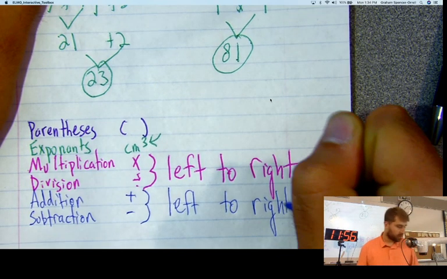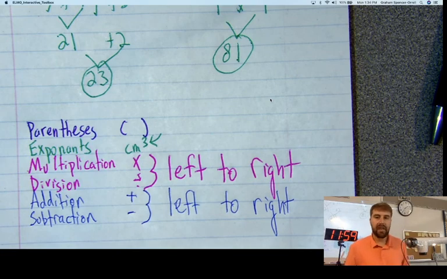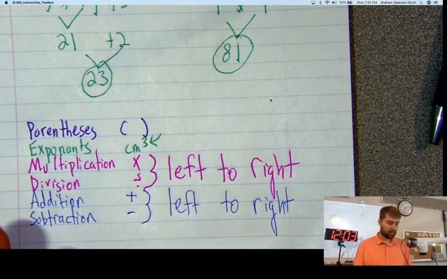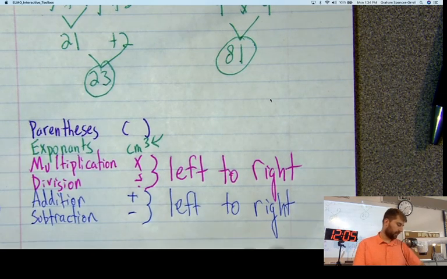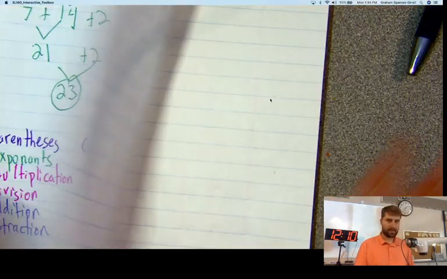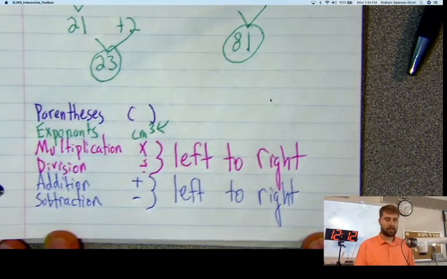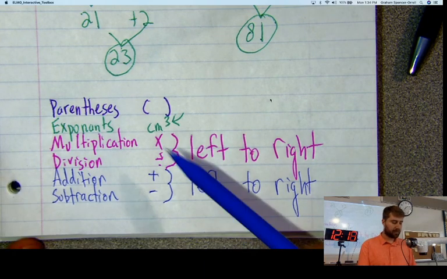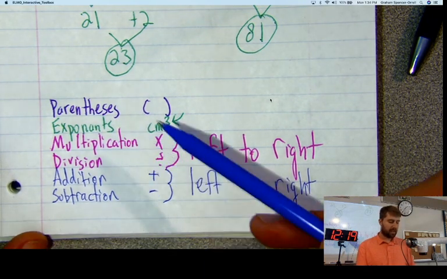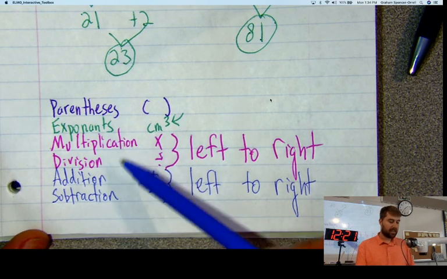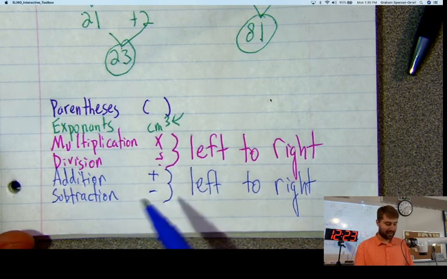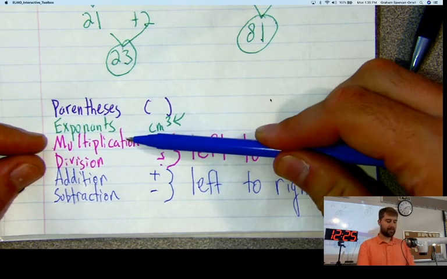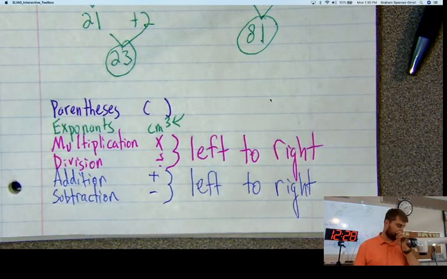And we'll look some more into what that looks like on Wednesday, but we're just introducing the order first. So our order that we work our problems or our expressions in goes parentheses, then exponents, then multiplication and division, and then addition and subtraction. We've grouped our multiplication and division, and we've grouped our addition and subtraction.